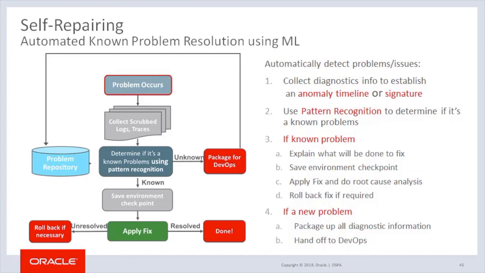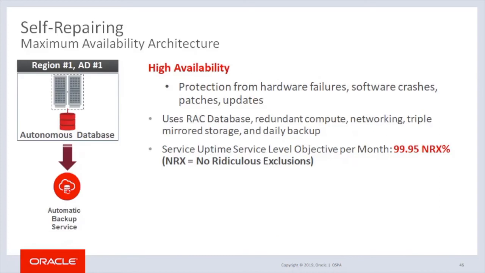Bug detection should be our job, not yours. It can correlate problems across different systems to give you a complete story of the fault that occurs. The hardware supports itself and heals itself. With cloud-based region-based duplication everywhere, database hardening, rack, redundant compute, triple mirrored storage, we can provide a 99.995 service level objective through the stack.